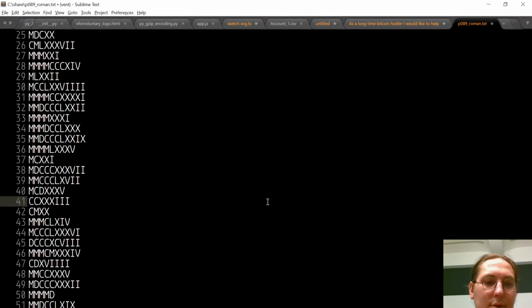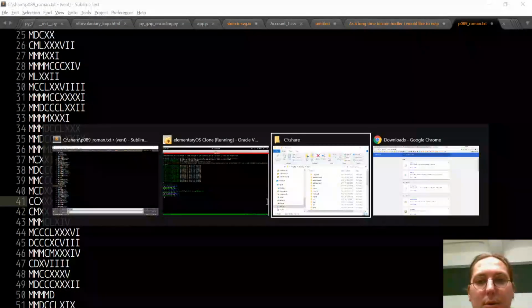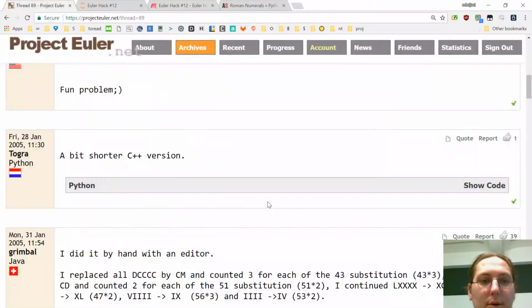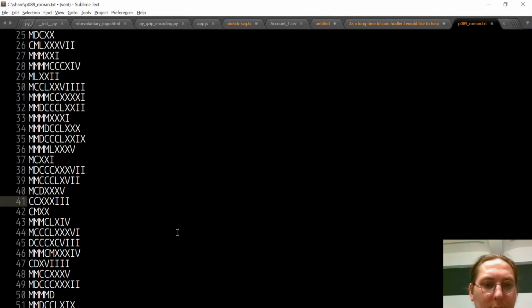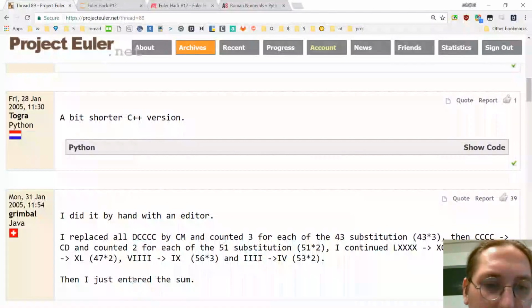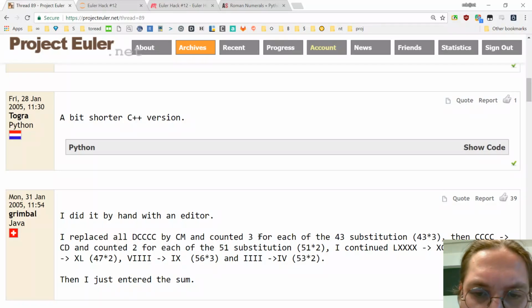Now you do the remaining elements of 4 C's. That will be CD. And then you do it without the D in the front, and you replace them. So DC by CM. And then there's 4 C's. The remaining occurrences of 4 C's become CD.